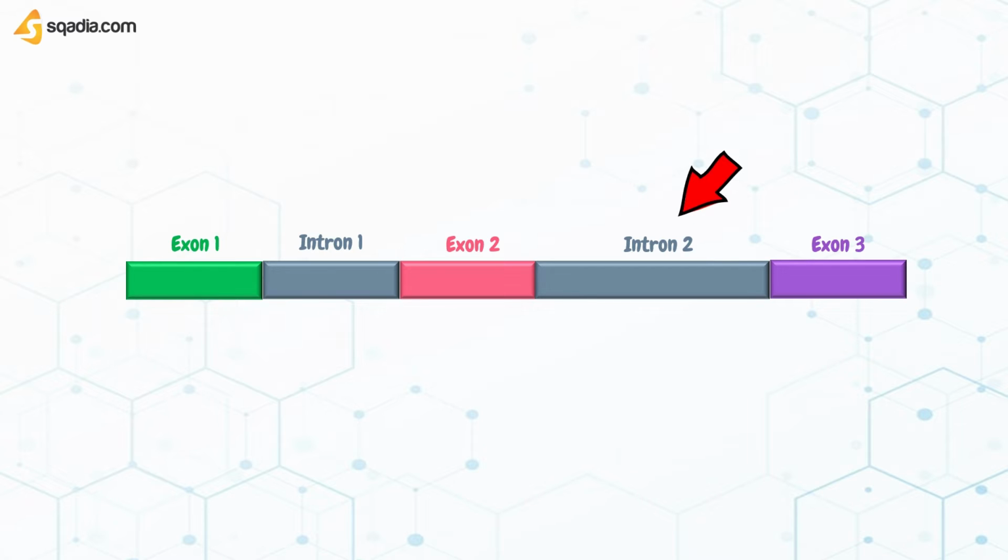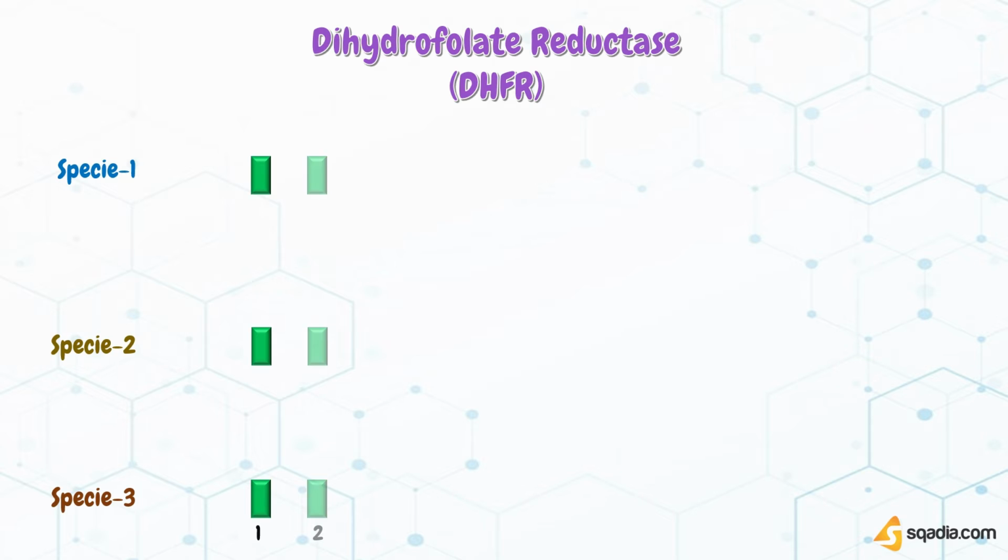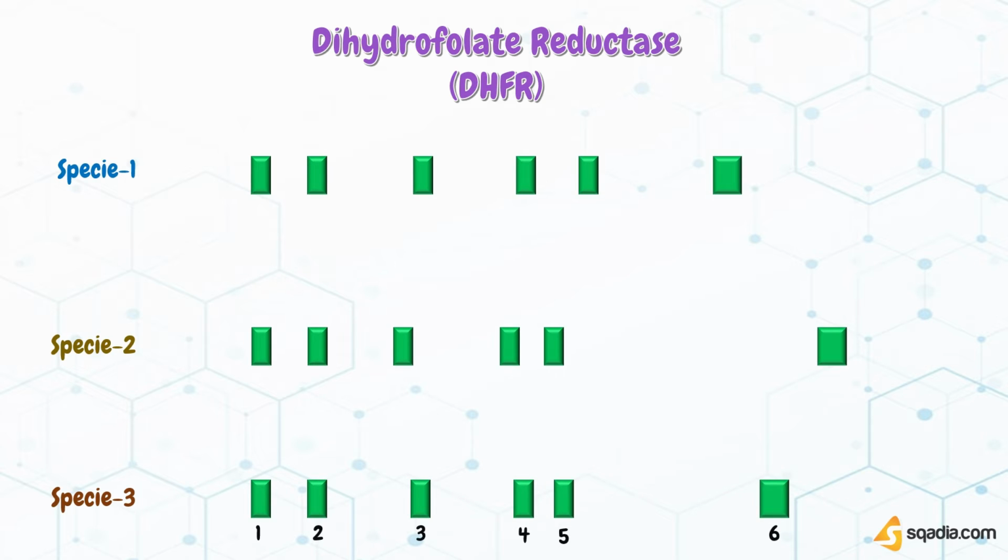The example of the gene for the enzyme dihydrofolate reductase, a somewhat larger gene: in three mammal species, the mammalian dihydrofolate reductase gene is organized into 6 exons: 1, 2, 3, 4, 5, and 6. The gene itself is long because the introns are very long.